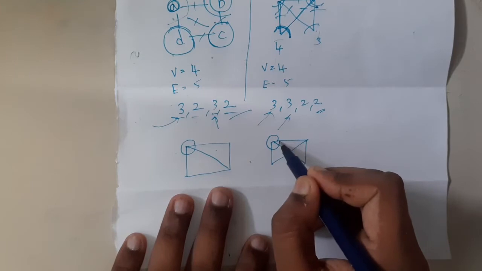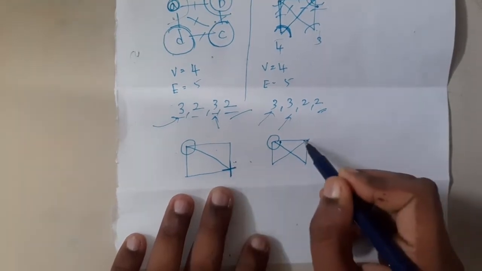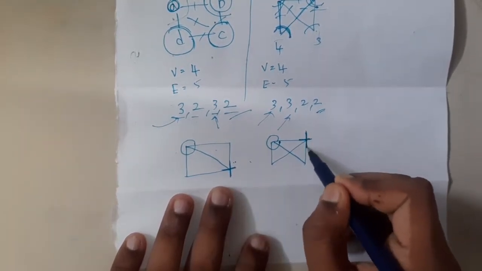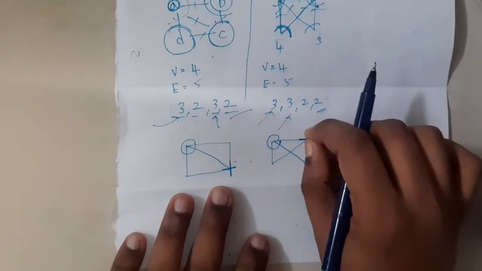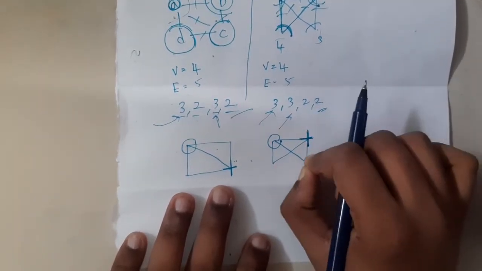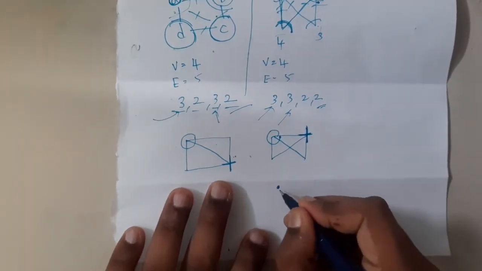Similarly this edge is matching with this edge, with 3 and 3 degree. So I will bring this particular vertex here. If I bring it here, it will look in this way.